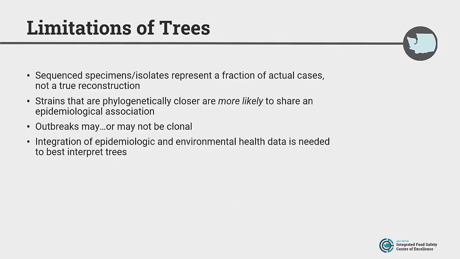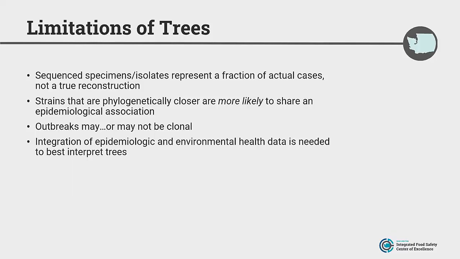So there are limitations to trees. The sequenced specimens or isolates only represent a fraction of the actual cases, not a true reconstruction of everything that happened along the way. Strains that are phylogenetically closer are more likely to share an epidemiologic association, but that's not set in stone for every case.